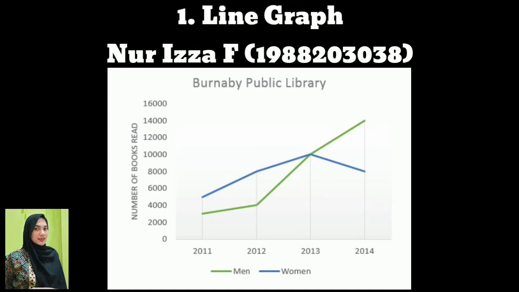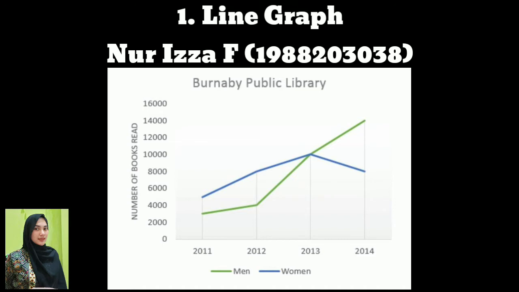Women start off reading more books than men, but their numbers follow a different pattern. Between 2011 and 2012, there was an increase of 3,000, from 5,000 books to 8,000 books, and then a gradual rise to 10,000 books in 2013.